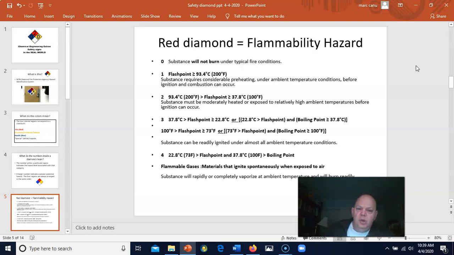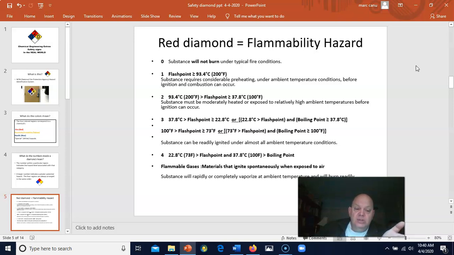You're looking at between 100 and 73 Fahrenheit. So now this is getting a little bit lower. In other words, they're saying the stuff can be readily ignited under almost all ambient temperature conditions. Well, what do they mean by ambient? Ambient is just whatever the temperature condition is out there at that moment.